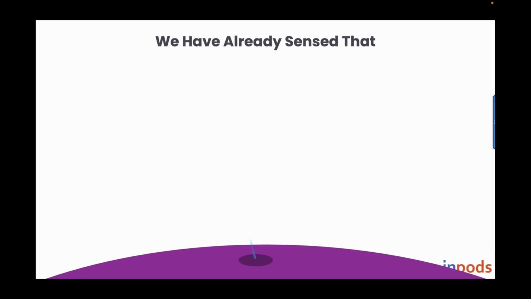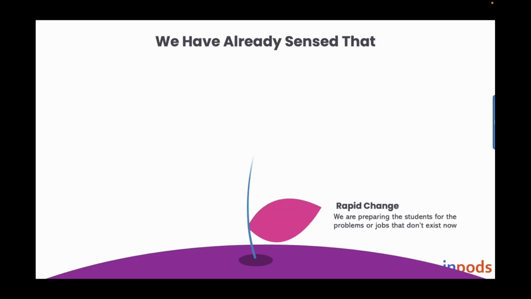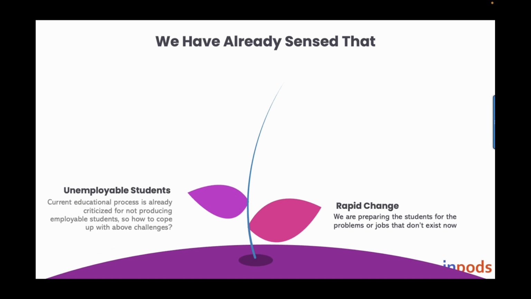However, there are many other things rapidly changing outside of the institution, and many thought leaders say that we are preparing the students for the jobs that don't exist today. Almost 40 to 50% of what they learn is going to be obsolete by the time they graduate out of a 3 or 4 year undergraduate program.